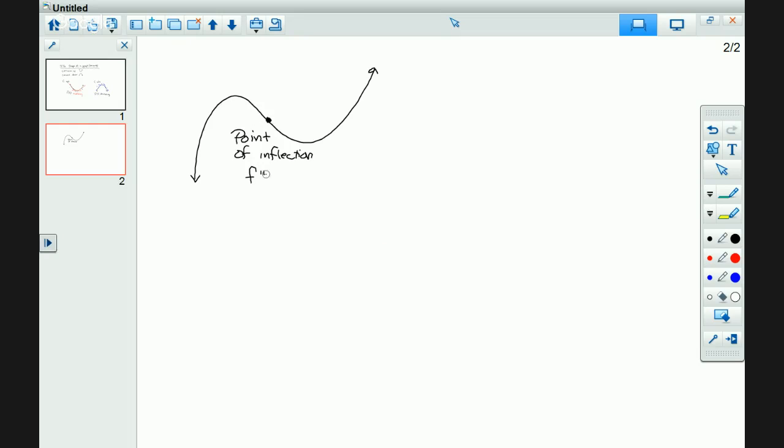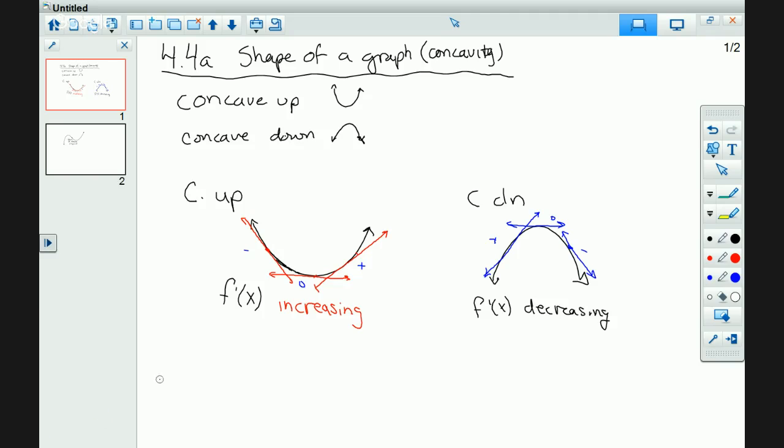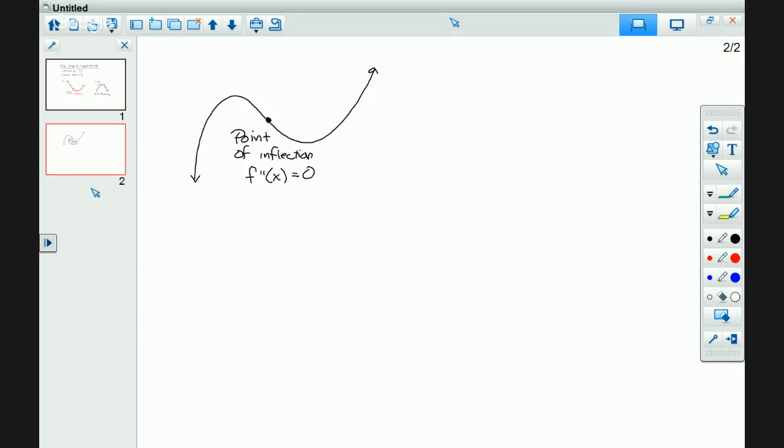You set the second derivative equal to 0, and you have to have a sign change. That's required.